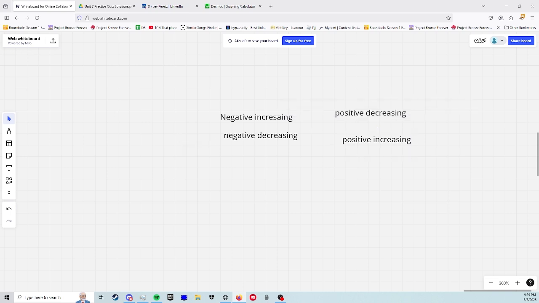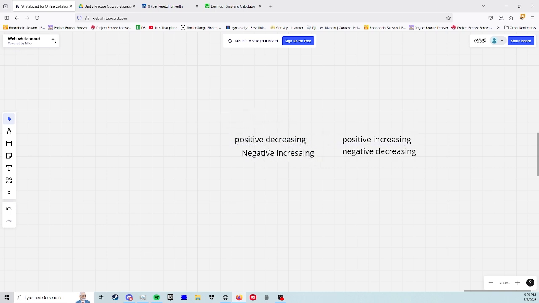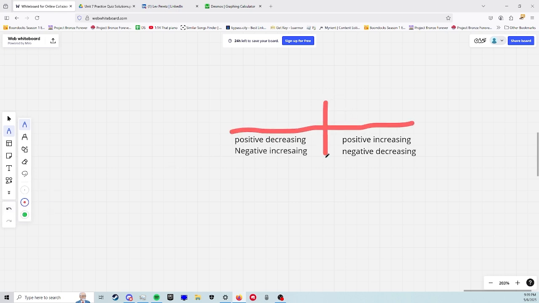So these two are okay. This means the distance from the pole is increasing.